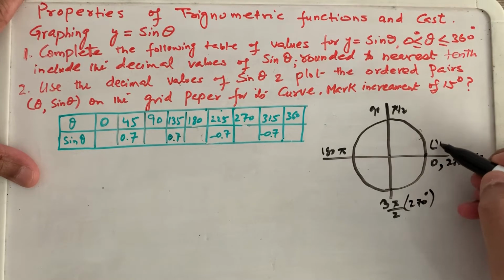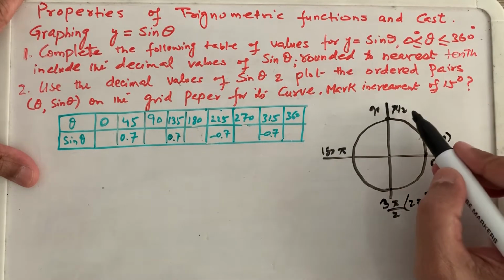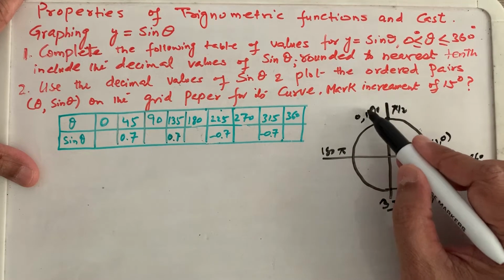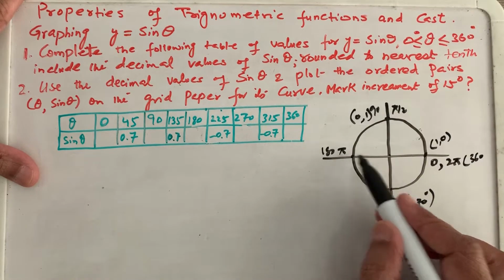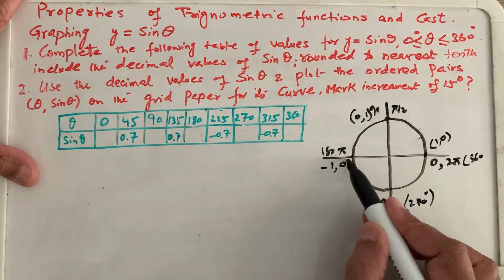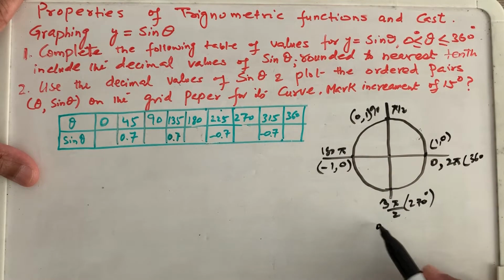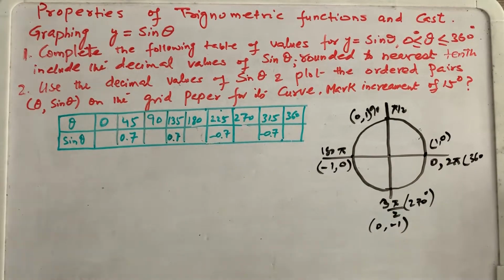This is 1, 0, and this point is 0, 1, and this point is minus 1, 0, and this point is 0, minus 1.